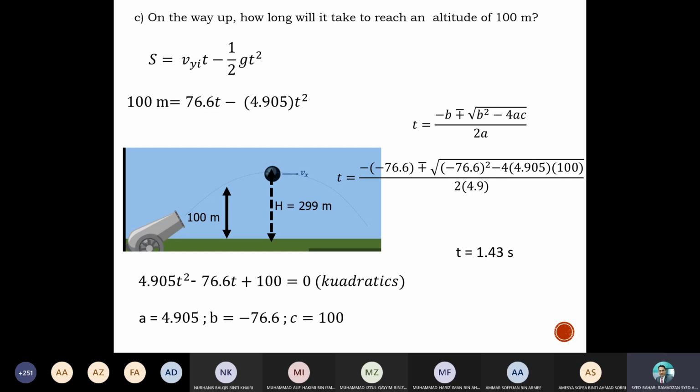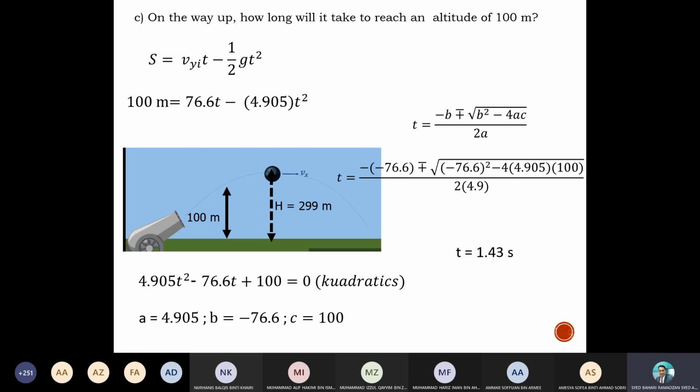The good thing is I use upward, because s will be positive. So we use just one equation to get the value of t: s equals v initial t minus 1/2 g t squared, because we don't know v final.